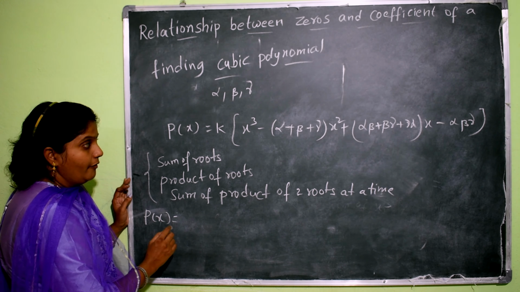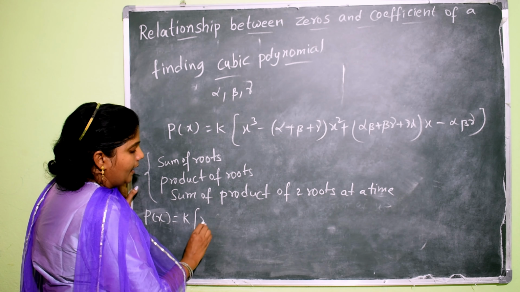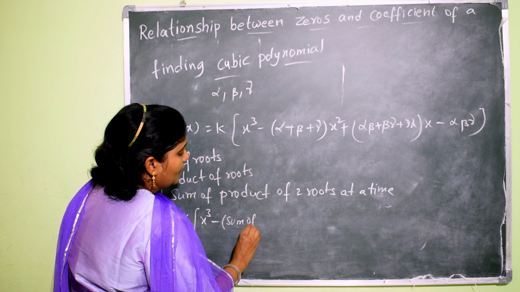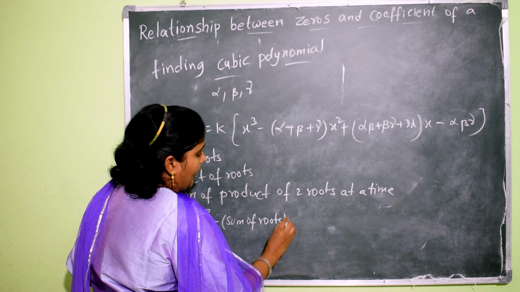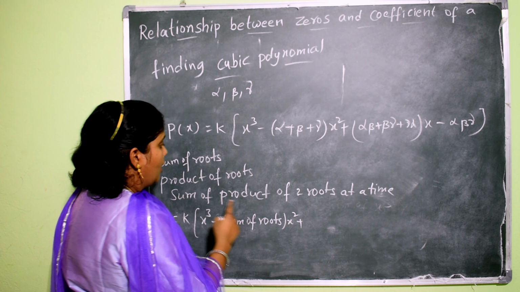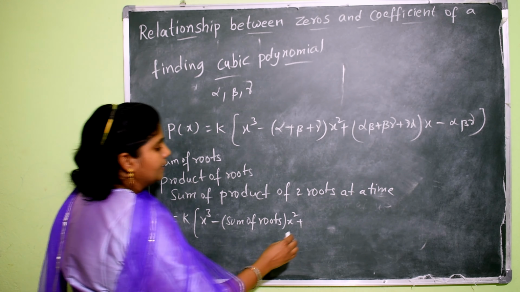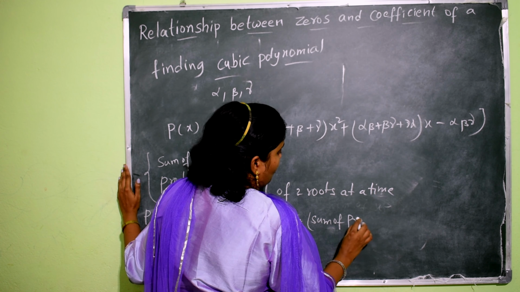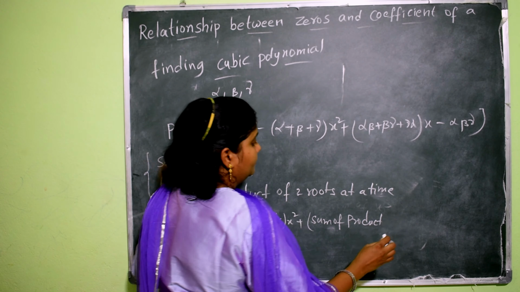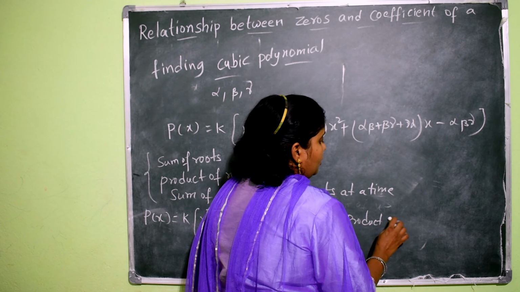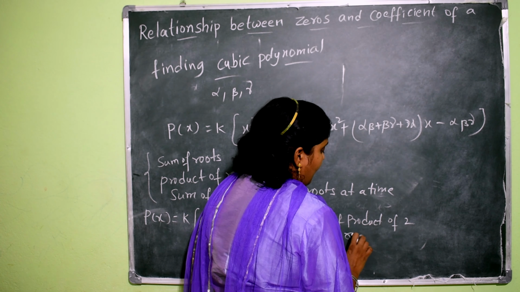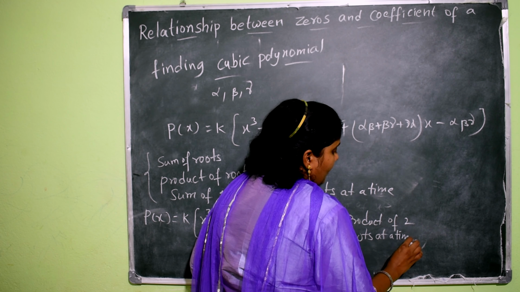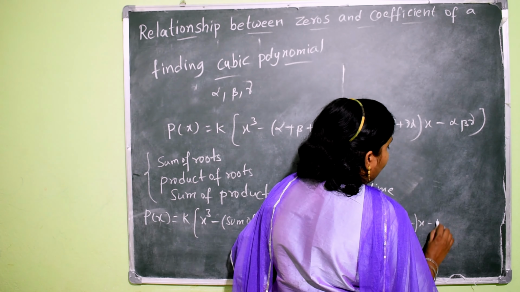That is, p of x is equal to k into x cube minus sum of the roots into x square plus sum of the product of two roots at a time into x minus product of roots.